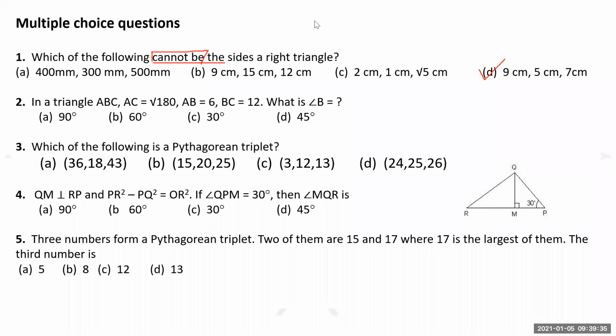AC is root 180, and if we add the squares of AB and BC, we will get 180. That is, AC square equals 180. Now when we take the root, AC equals root 180. Yes, very good. The answer is 90. Very good.